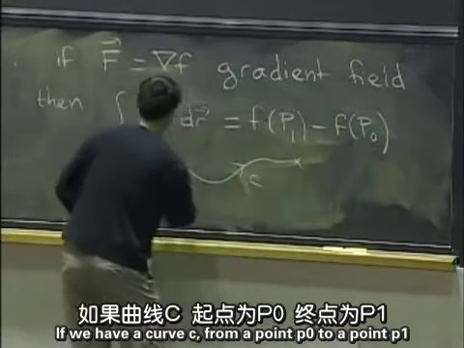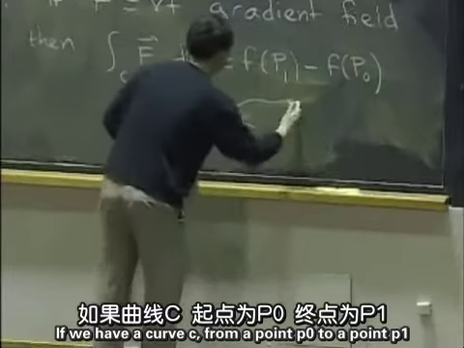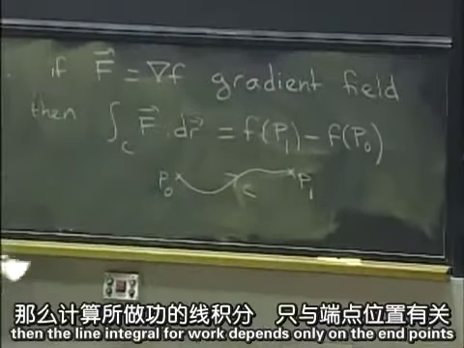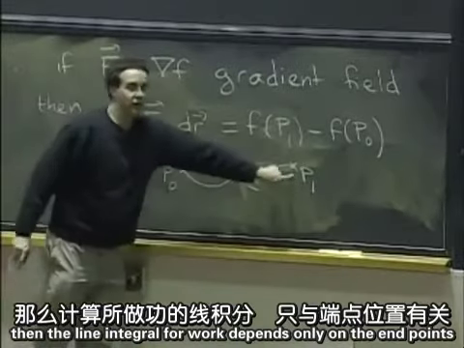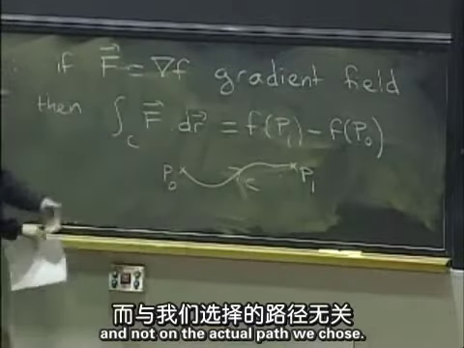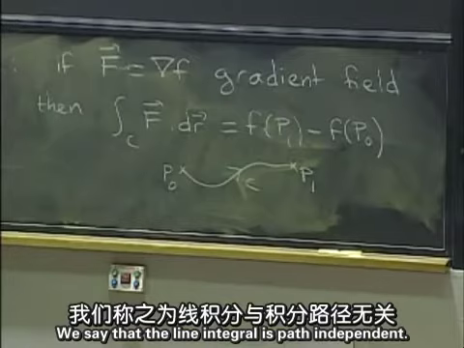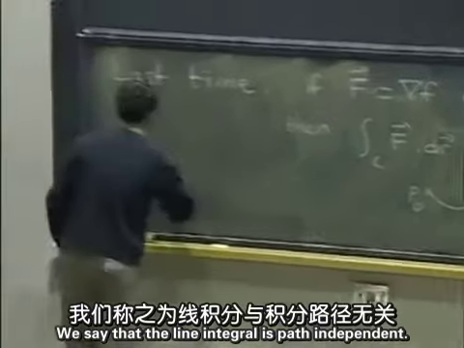So if we have a curve C from a point P0 to a point P1, then the line integral for work depends only on the endpoint and not on the actual path we chose. So we say that the line integral is path independent.